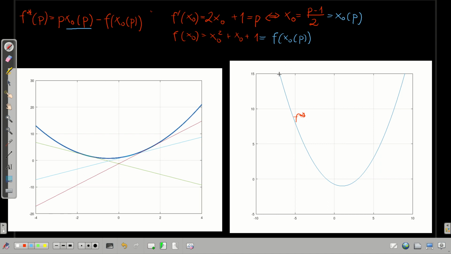In particular, we start here at the negative side, and this here is the value f prime of -4, which evaluates to -7.